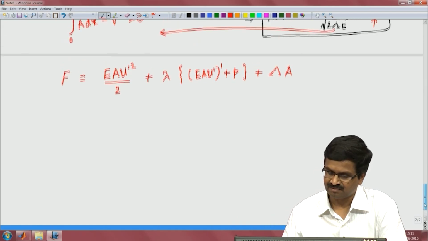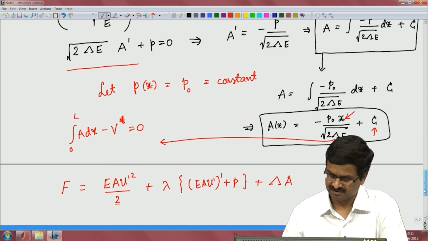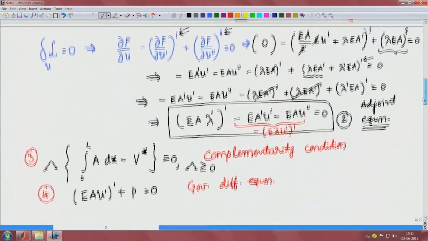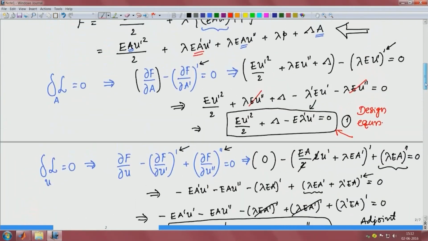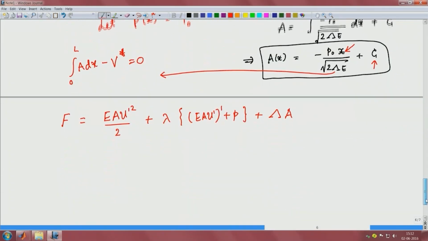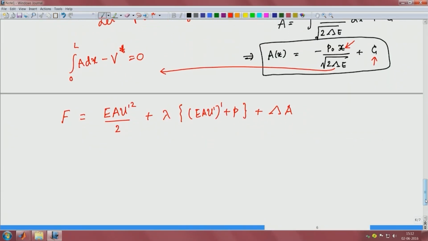So, we can even look at that once, that we had written earlier to be sure, okay, all the way up where we had written this E A u prime over here, E A u prime square by 2 lambda times E A prime prime plus p plus lambda a. Okay, let us see if we wrote the same thing here, right. This is it.